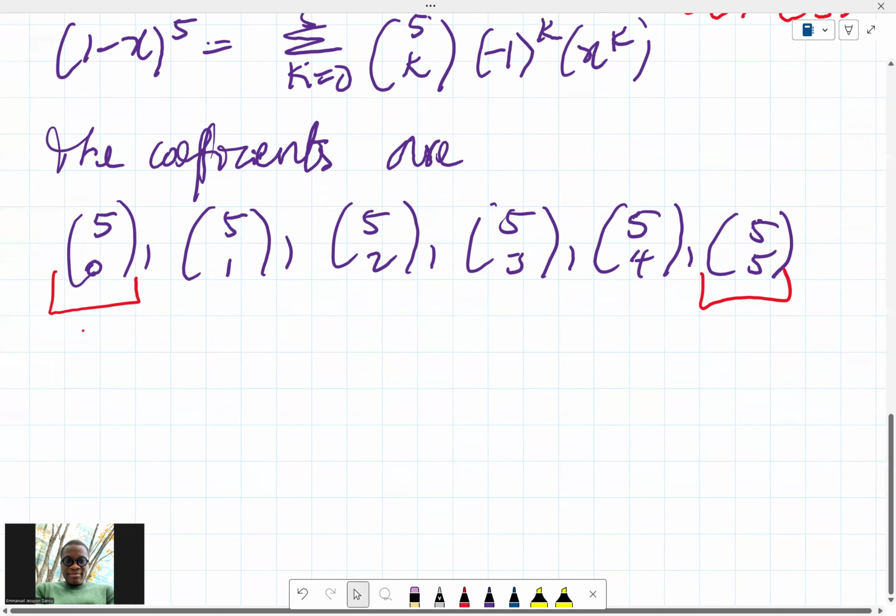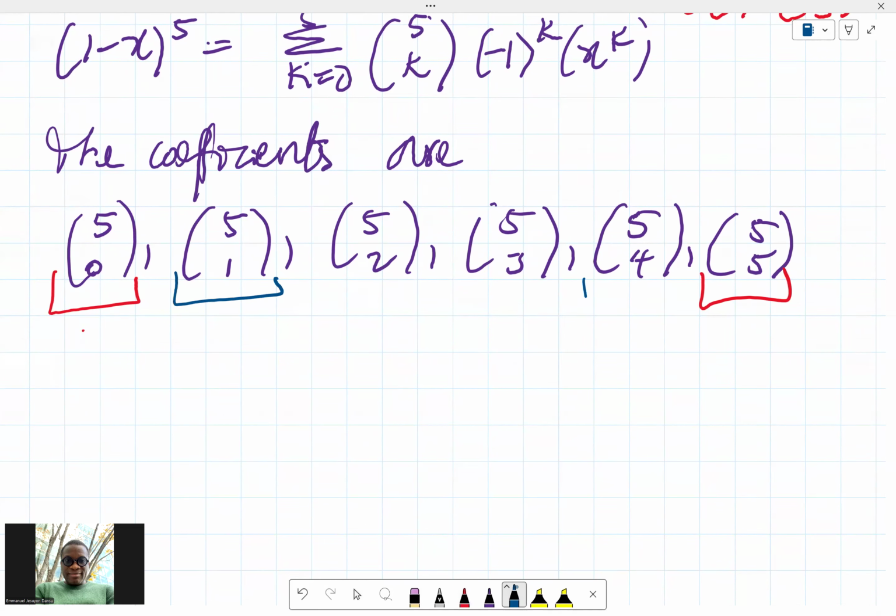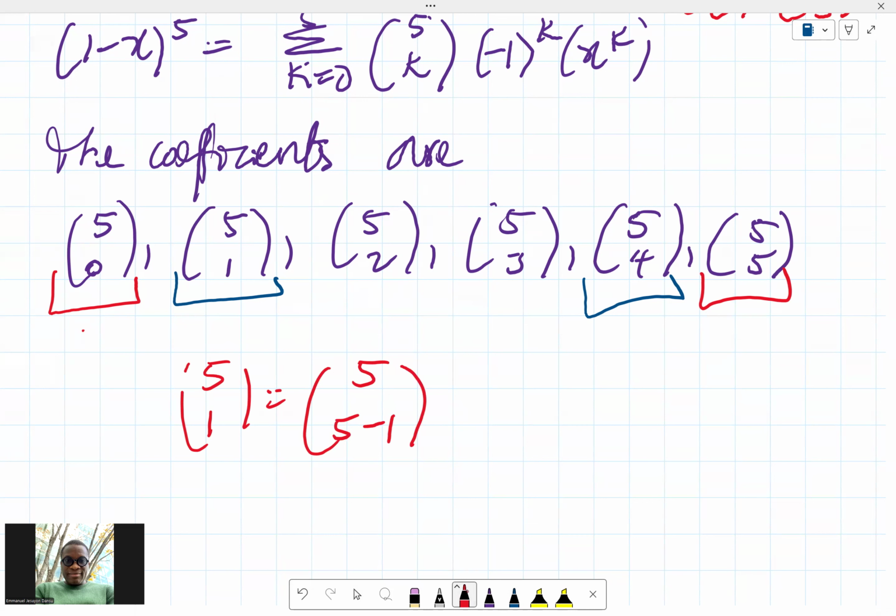Then going forward, automatically 5 combination 1 and 5 combination 4 are also the same, because 5 combination 1 is the same thing as 5 combination 5 minus 1. So that implies that 5 combination 1 is equal to 5 combination 4, and they are both 5.